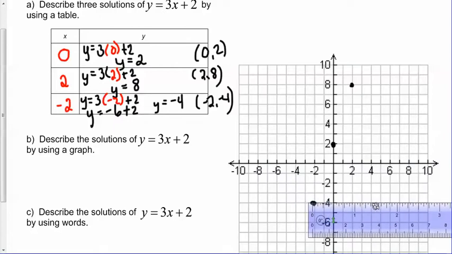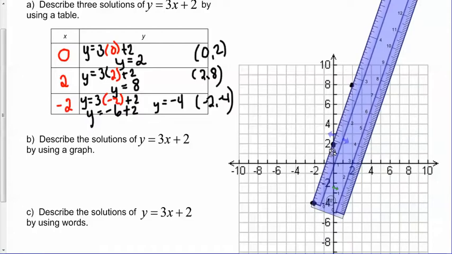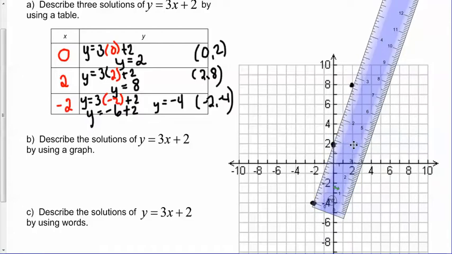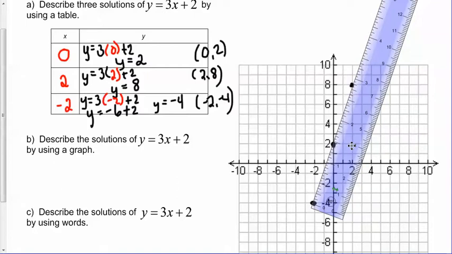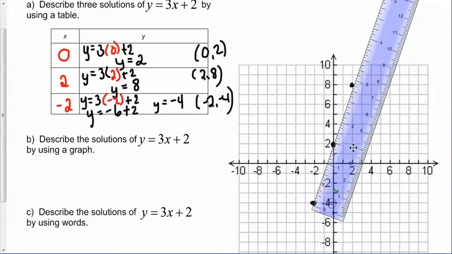And then I'm going to rotate it, and I want to see that it's going to go directly through all of the points. They should line right straight up. If they don't, that means that there's a problem someplace. So we're going to grab the pen or the pencil, and we're going to draw our line right smack dab through the middle of all of those points for us.